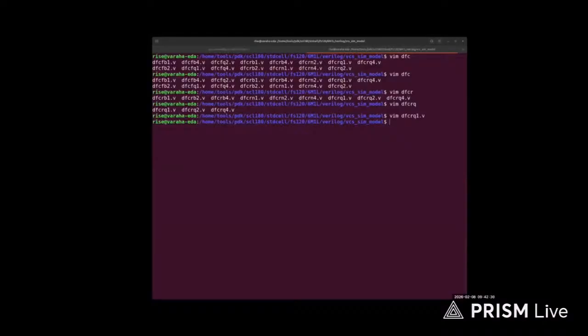But why are you asking this? What is the intention of this question? Sir, I just wanted to know if these models can be written in VHDL or SV also. These models we are not writing, they are being given by the PDK. So if they give you support in VHDL, they'll be able to give you.